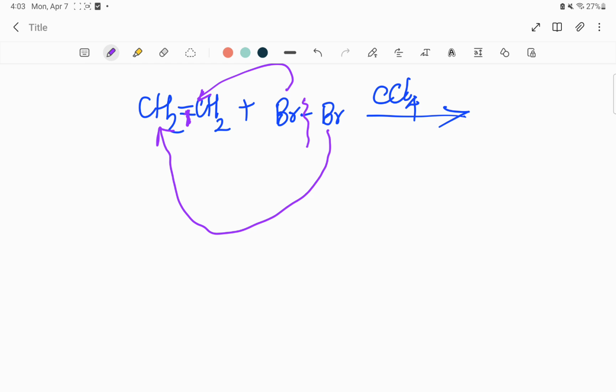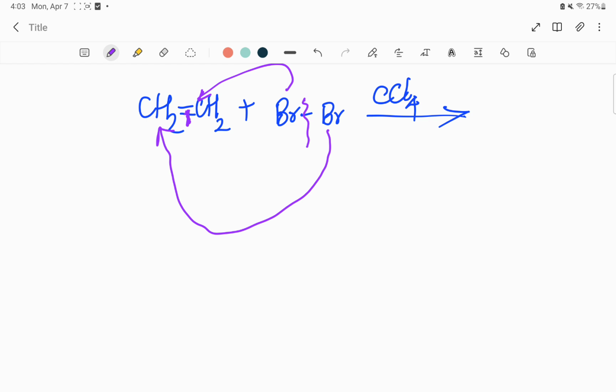So here the pi bond gets cleaved, and as a result the two halogen atoms attack either carbon atom. One halogen goes to the first carbon and the other goes to the second carbon.